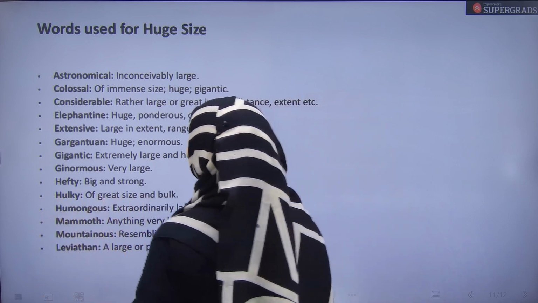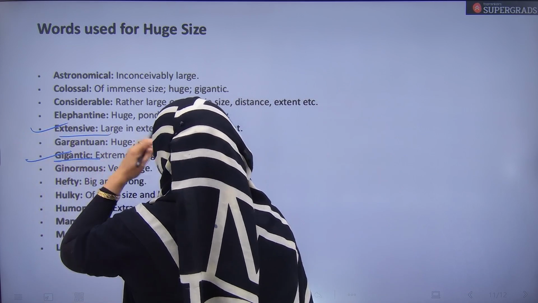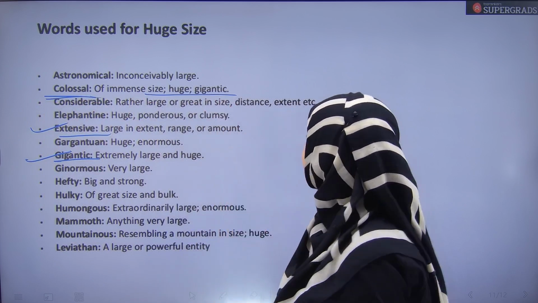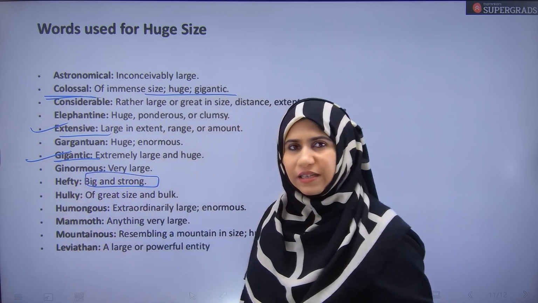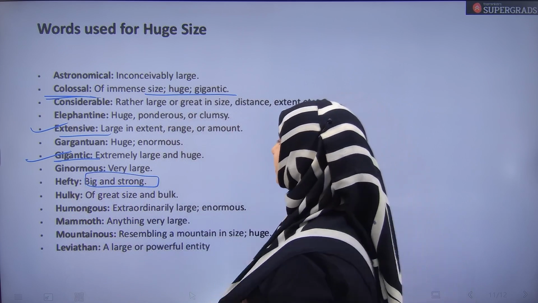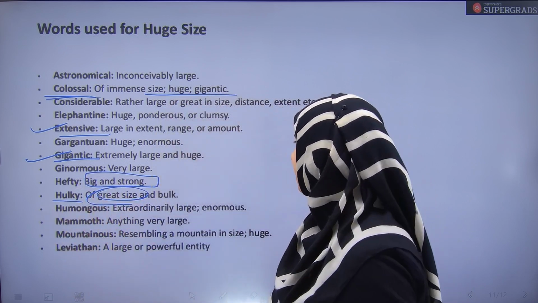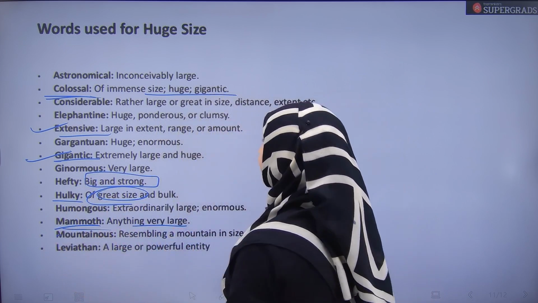So words that you already know are gigantic, probably extensive, सबको पता होगा. Colossal, colossal is also huge size. Hefty, more of body type, a hefty person, right? Bulky. Hulk, hulk से याद रखो, हल्की, है ना? Bulk बहुत ज्यादा हो. Mammoth, very very huge.